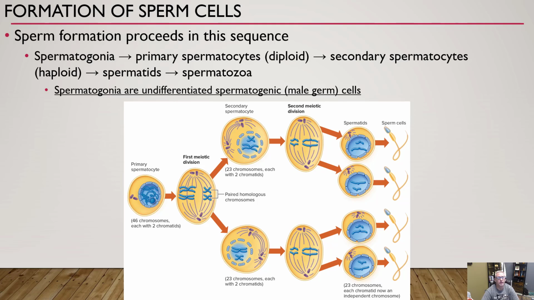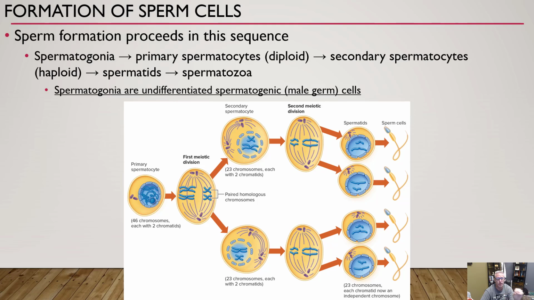All right, then we'd have the primary spermatocyte with 46 chromosomes, each with 2 chromatids, and they undergo this meiosis 1. And during cell division, the primary spermatocyte consists of those paired homologous chromosomes.